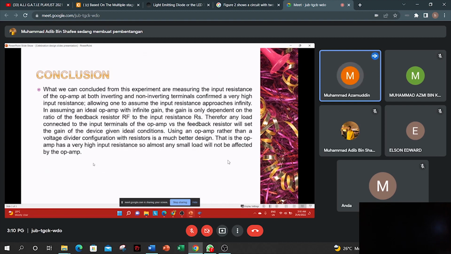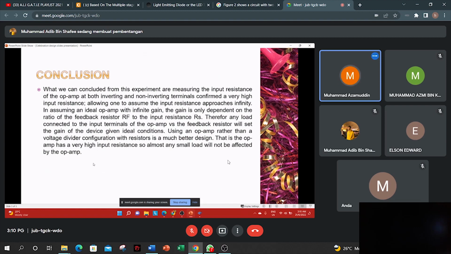For the conclusion, what we can conclude from this experiment is that measuring the input resistance of the op-amp at both inverting and non-inverting terminals confirms a very high input resistance, allowing one to assume the input resistance approaches infinity.